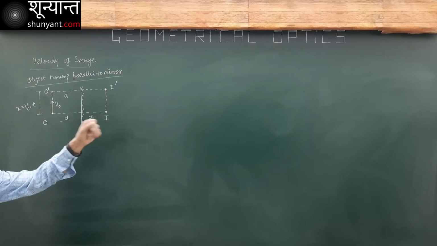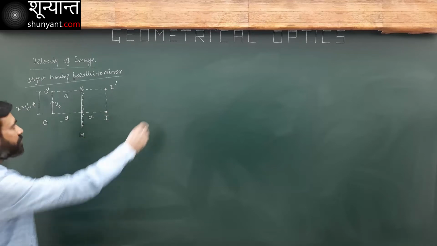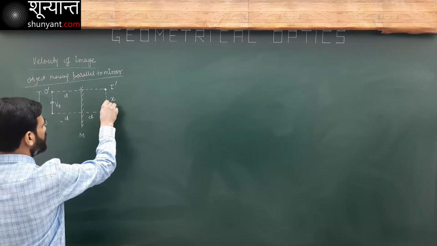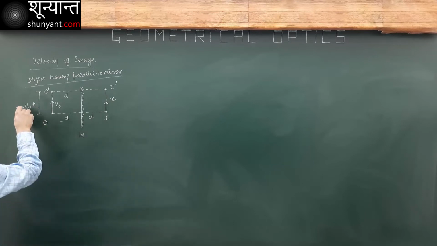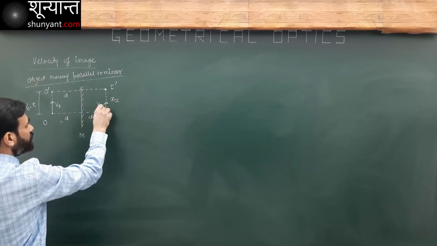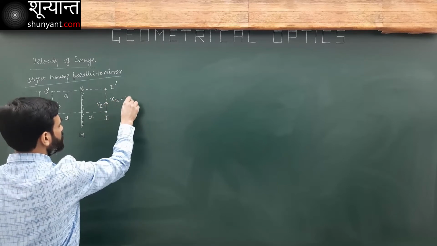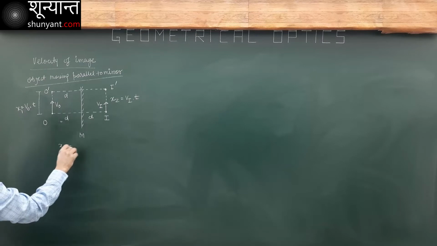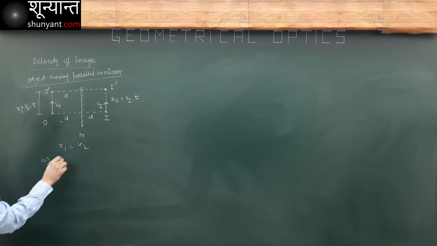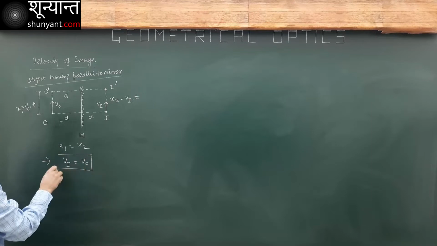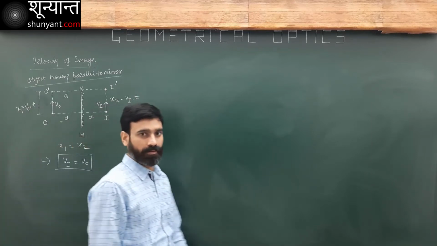From simple geometry, it's obvious that this distance is going to be x. Let me say it is x1, this is x2, this is velocity of image times t. From geometry, x1 is equal to x2. That means velocity of image is velocity of object. As simple as that.